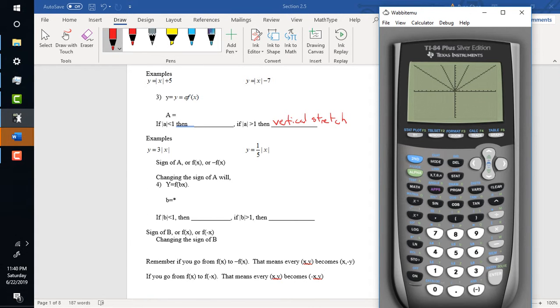If I do 1/5 absolute value of x, notice it becomes a lot wider. We call this a vertical compression.